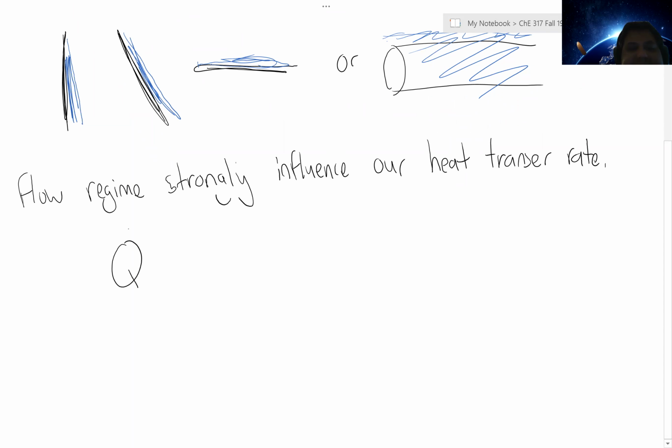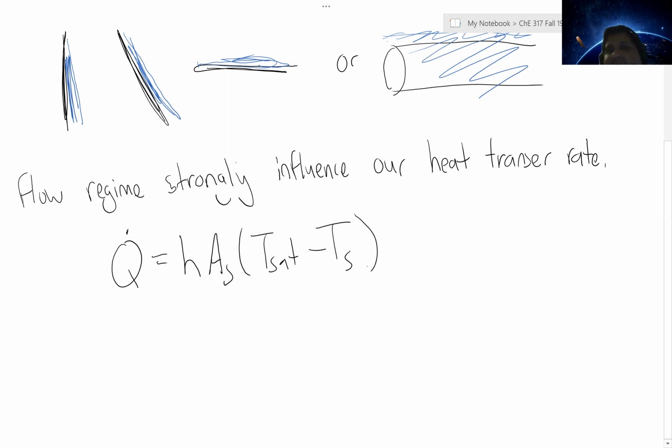Where we stated we have Q is equal to h, A sub s, Tsat minus Ts, because since we're looking at condensation heat transfer, the surface temperature is below the saturation temperature, which is what allows the vapor to condense.